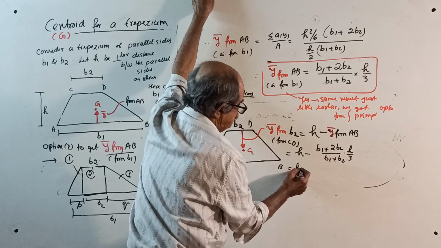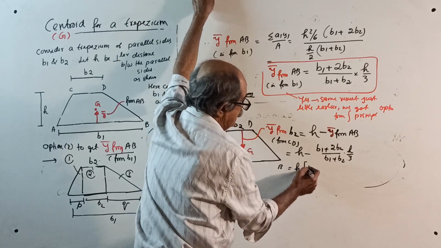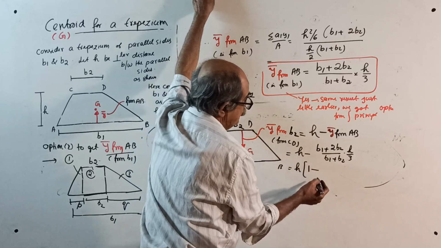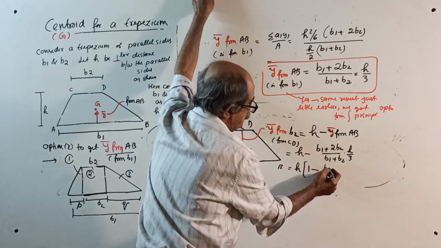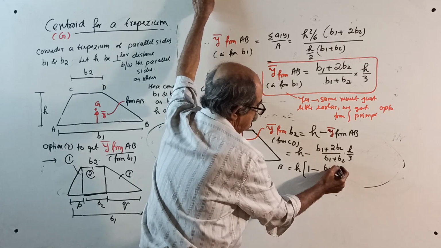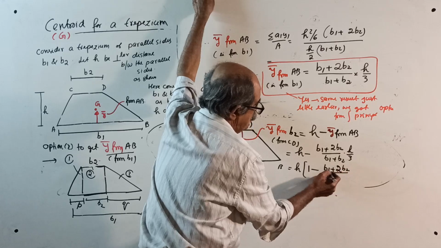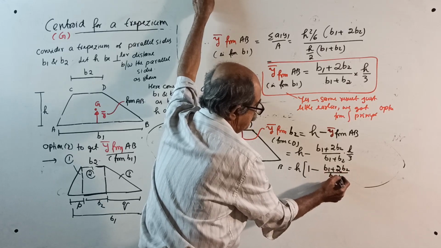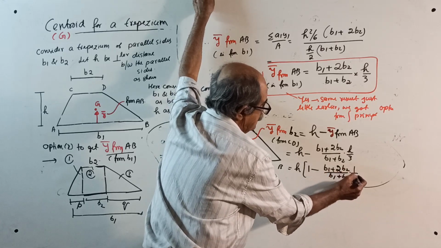Or equal to H into 1 minus (B1 plus 2B2) divided by (B1 plus B2) into 1 by 3.